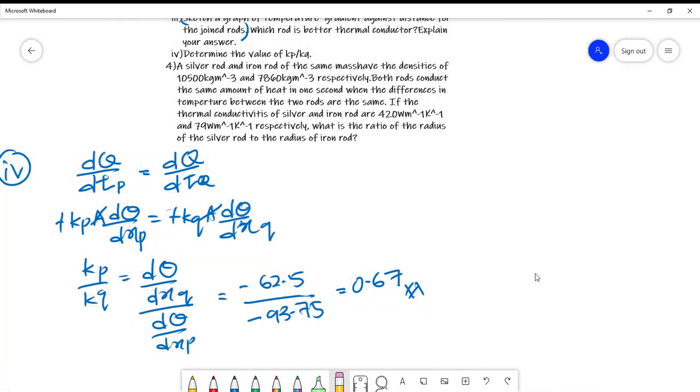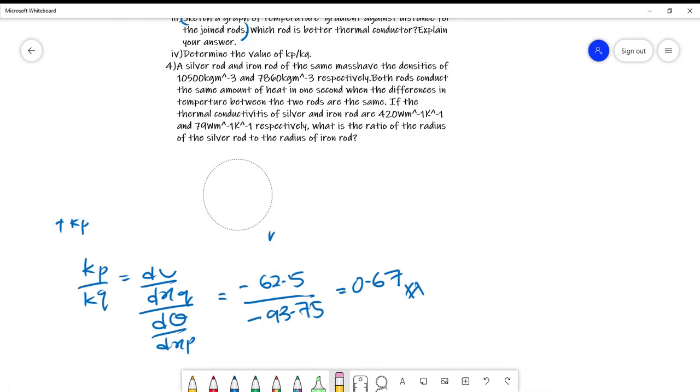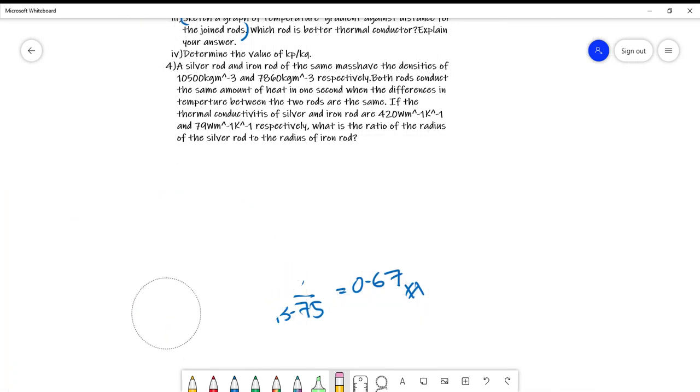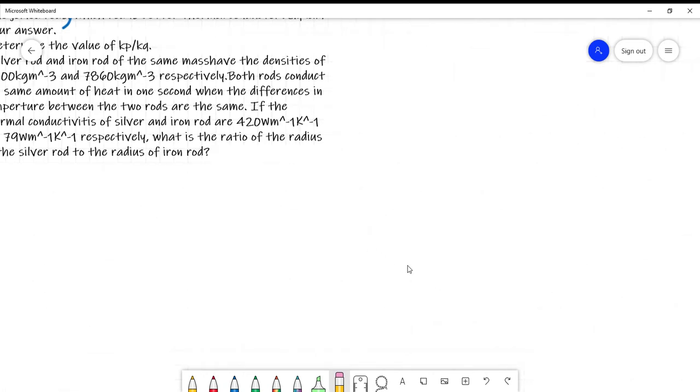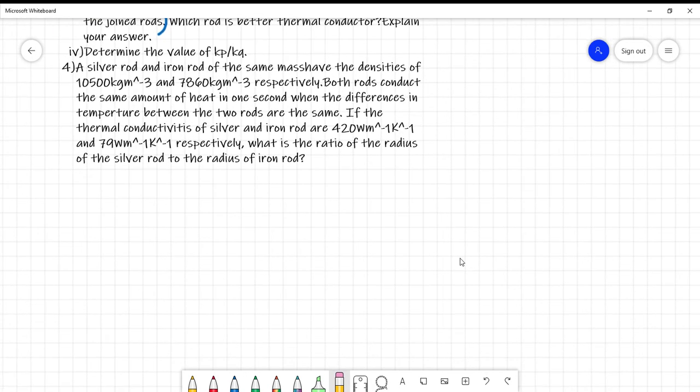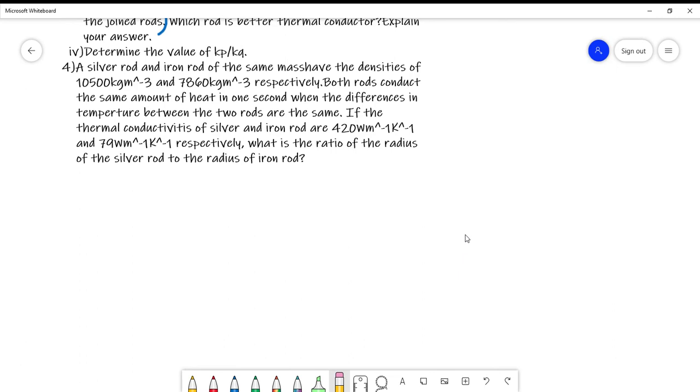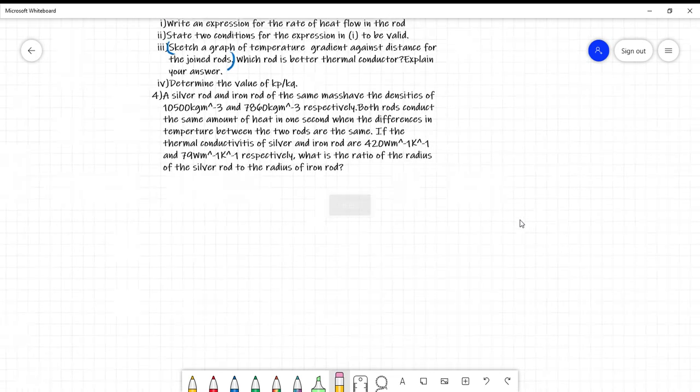Let me erase this one as well. Alright, so let's just move on to the last question. Let me zoom it out for a bit.